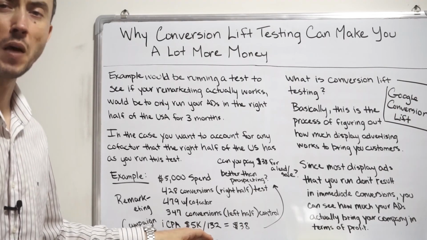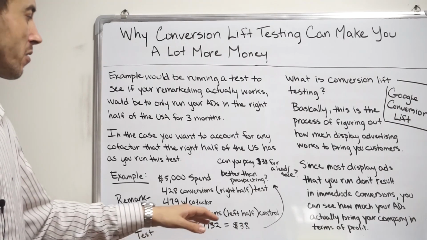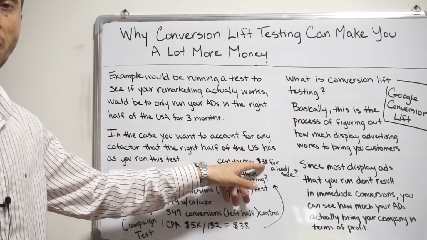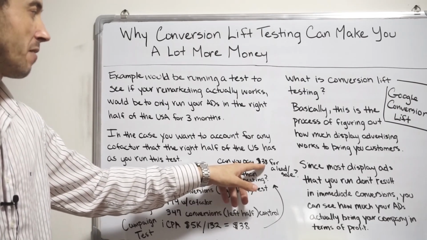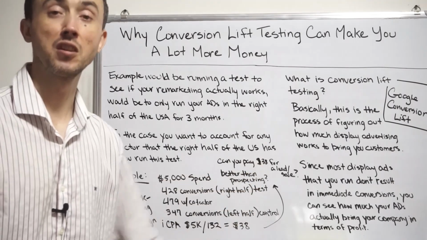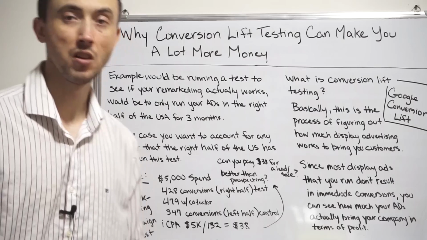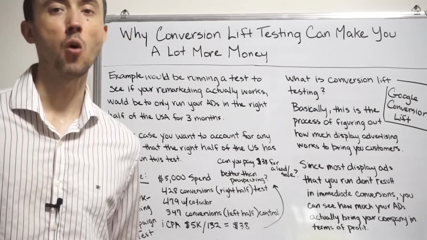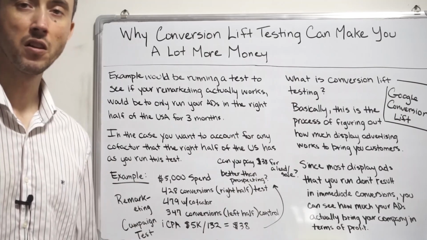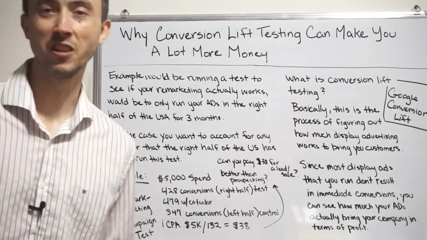Divide it by what you spent to run that remarketing during that test period. Get your cost per acquisition for running that remarketing. And if that cost per acquisition is less than your target or acceptable cost per acquisition, you've got a working strategy that you don't want to turn off. Because if you did turn it off, your sales would certainly go down, and it would be dumb basically to do that at that point.